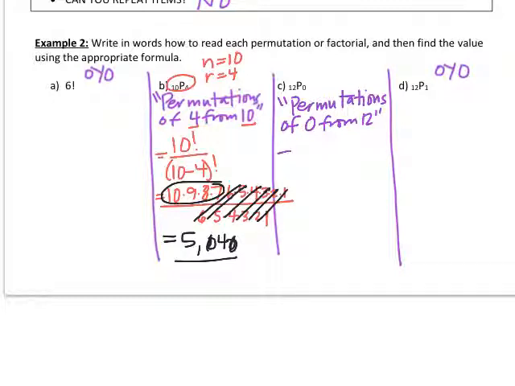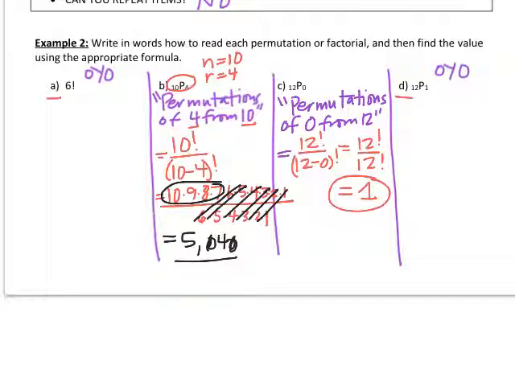So if I write this out in the formula form, that's going to be equal to 12 factorial over 12 factorial, and anything over itself is just 1. So there's only one way to choose 0 items from 12. All right, so please finish up with problem A and problem D, and then we're going to go on to the next example.